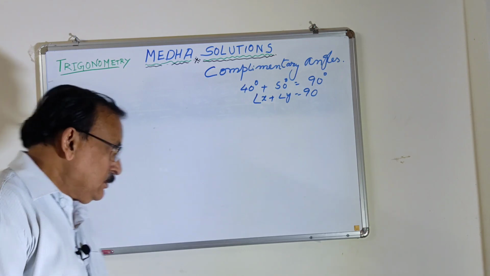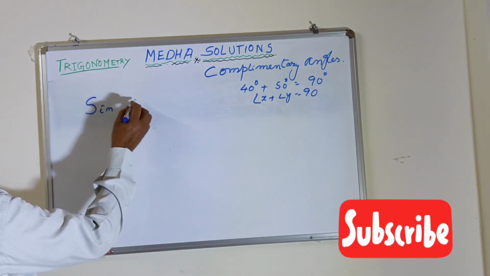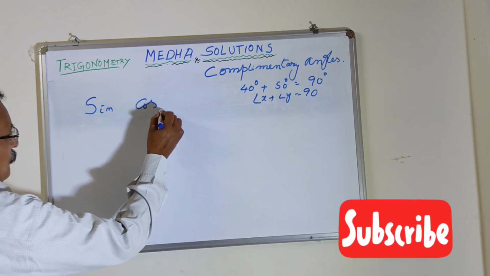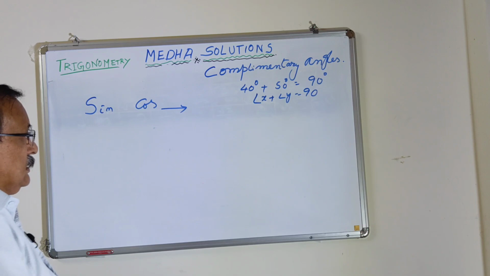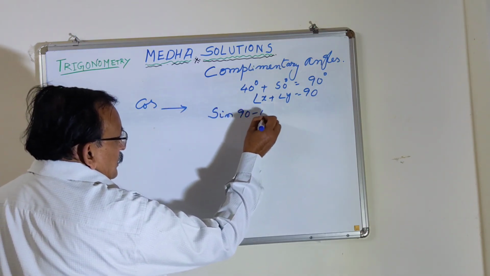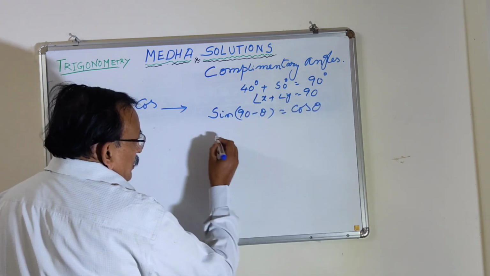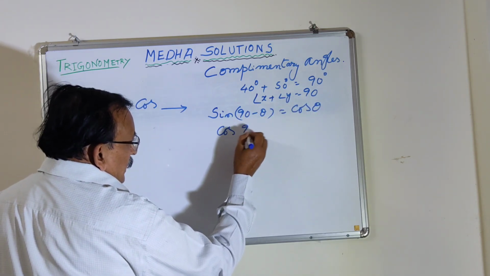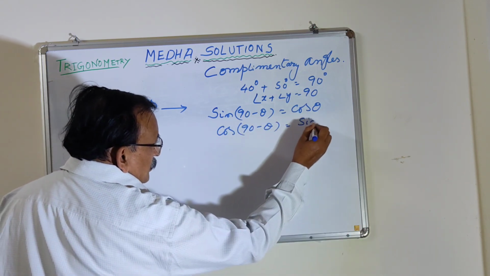Now, sin and cos are complementary angles. Sin 90 minus theta is equal to cos theta, or cos 90 minus theta is equal to sin theta.